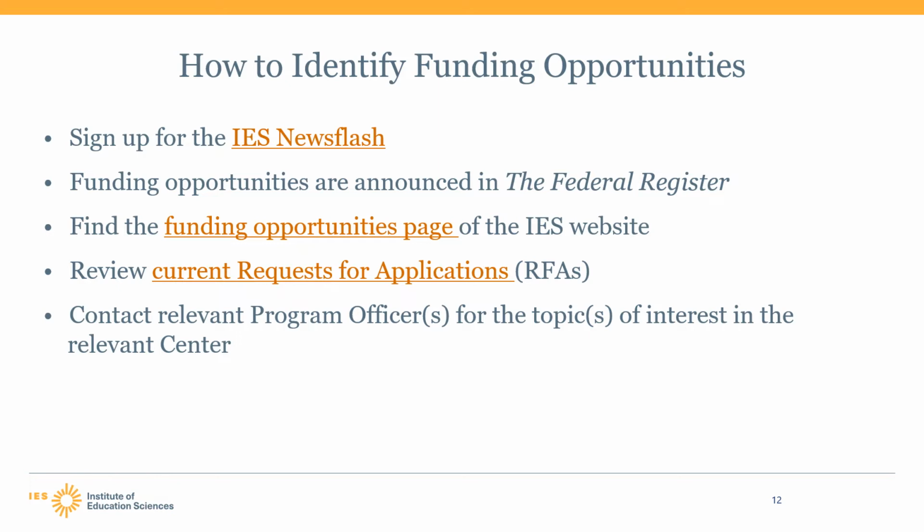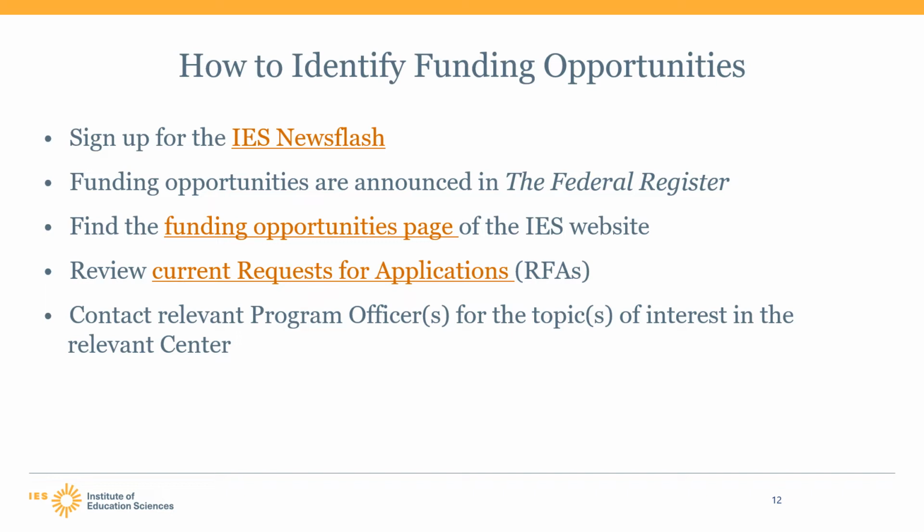All of our funding opportunities are announced in the Federal Register. The Federal Register is the official journal of the federal government of the United States that contains government agency rules, proposed rules, and public notices, including agency funding announcements. IES maintains a funding opportunities page on the IES website.